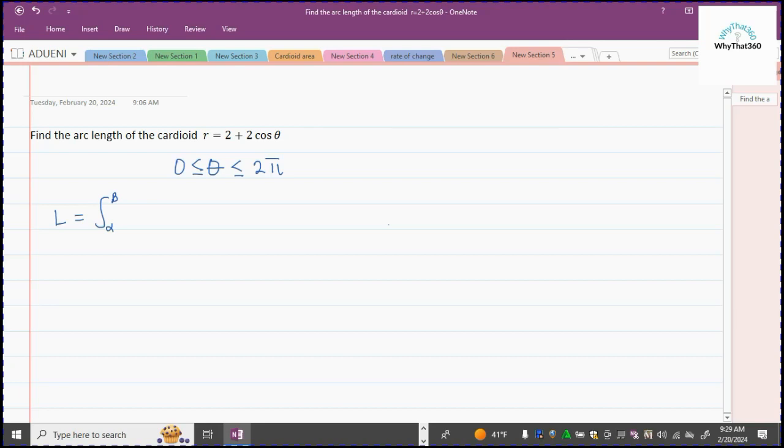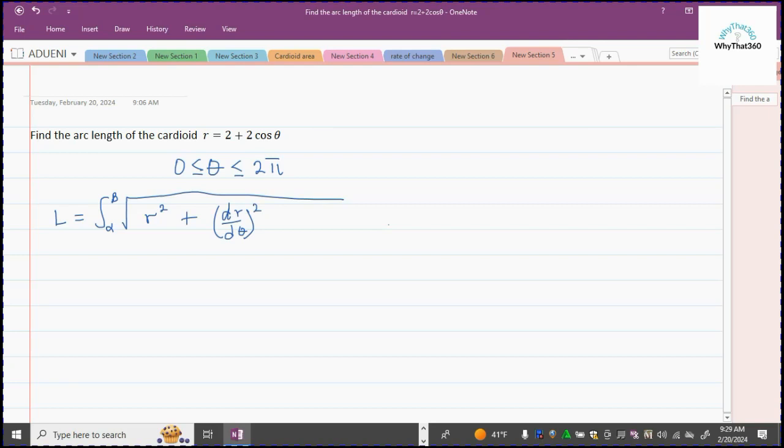So the lower limit here will be 0 and the upper limit will be 2 pi of the square root of r squared plus, then we differentiate r with respect to theta, we square that also, so plus dr by d theta all squared.